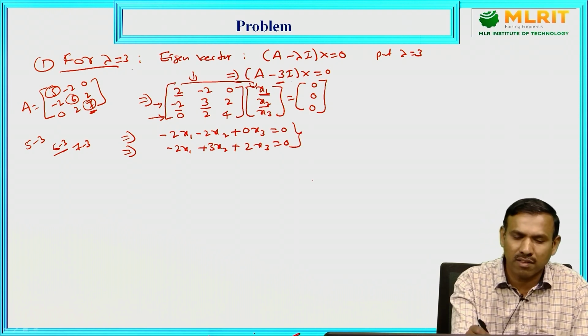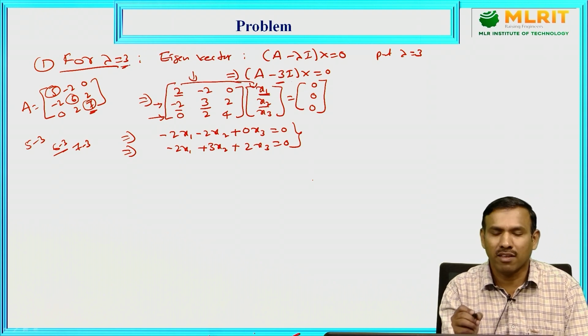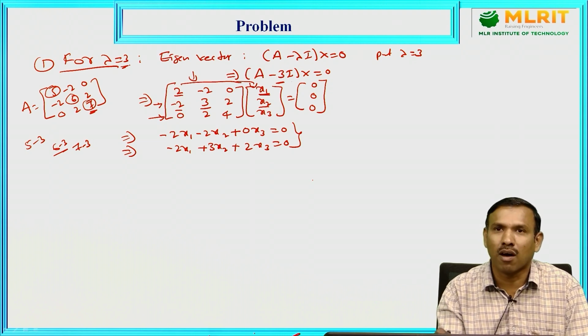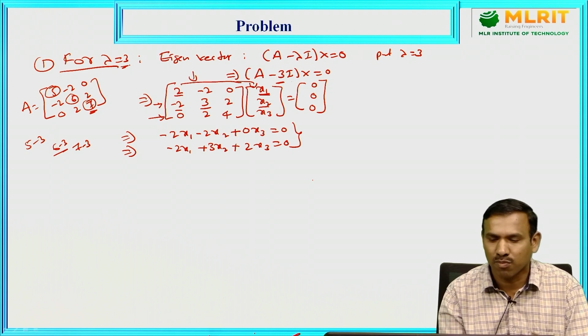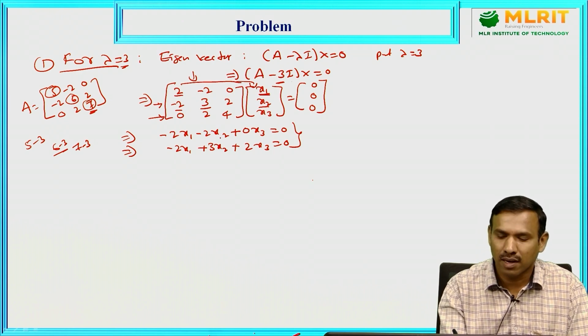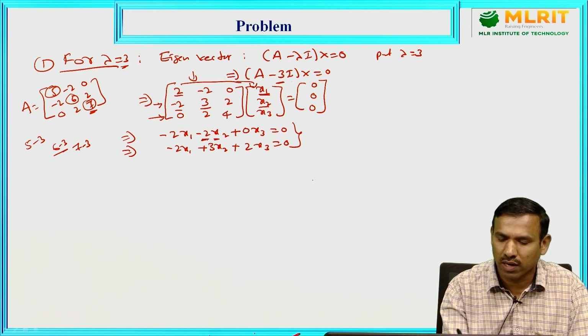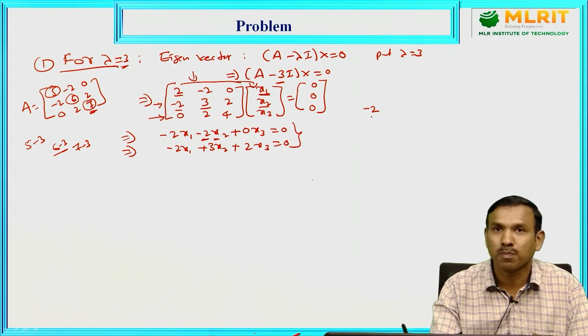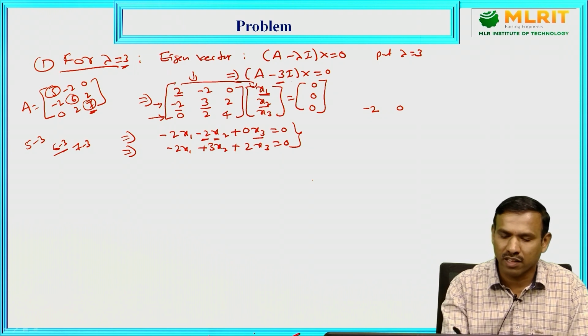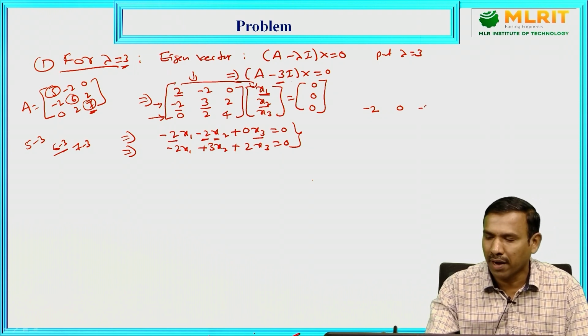Whenever the eigenvalue is not repeated, like 3 here, which is a single one, we can apply this shortcut method, where we study in the intermediate level solving the equations with the crisscross method. So that is what I am telling how to find. First we take the x2 coefficient minus 2, and x3 coefficient 0, and x1 coefficient minus 2.